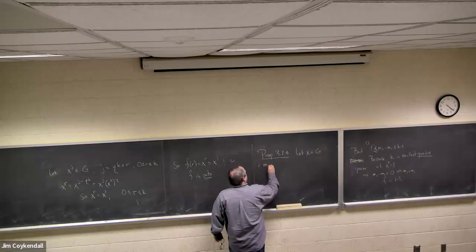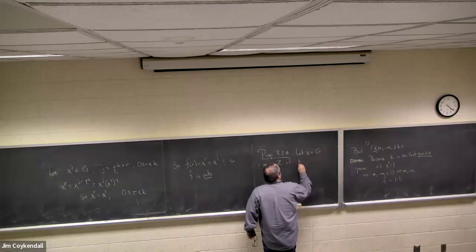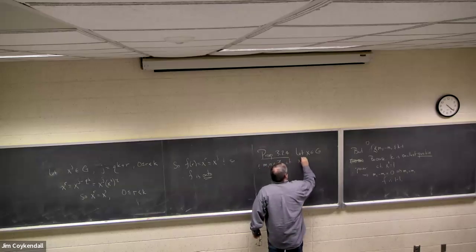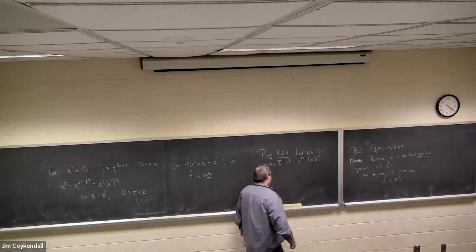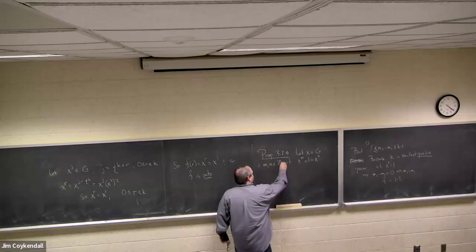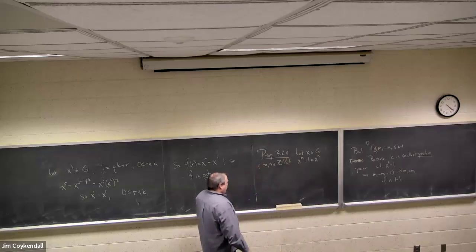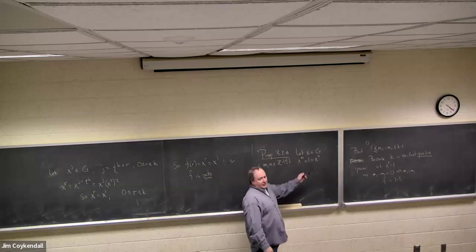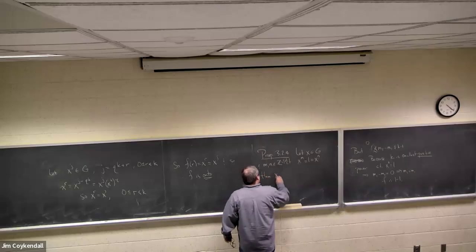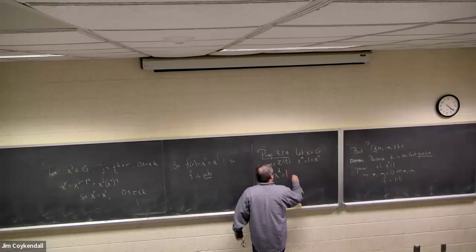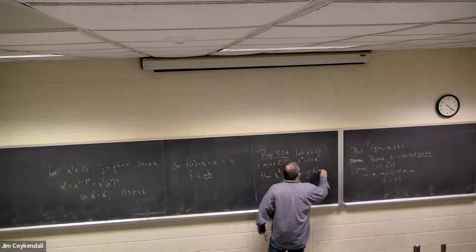And m and n are nonzero integers such that x to the m equals 1 and x to the n equals 1. Then x to the d equals 1, where d is equal to the GCD of m and n.